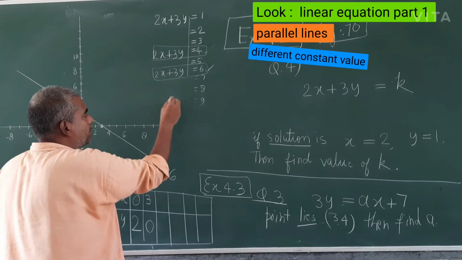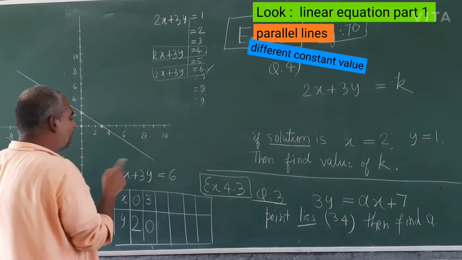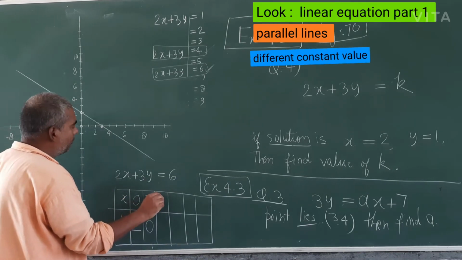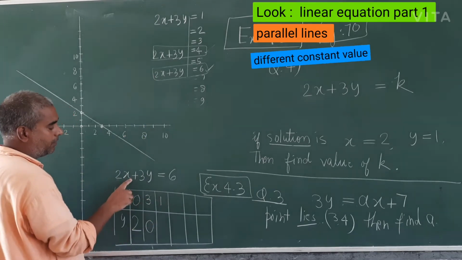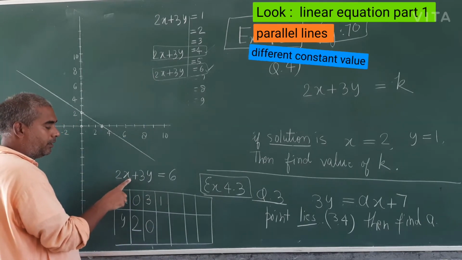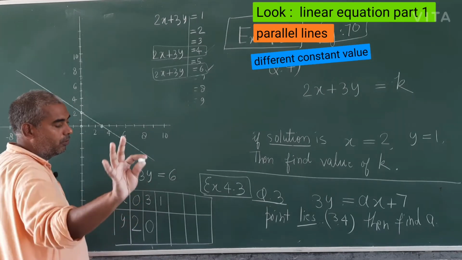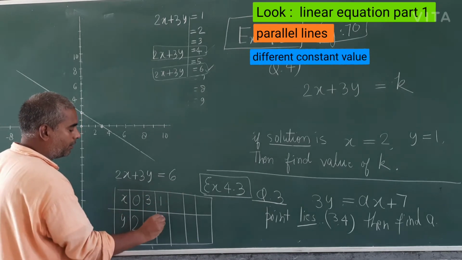Suppose you take 2x plus 3y equal to 6. So this is the line. Suppose you write x is equal to 1 in this equation. So 2 into 1 is 2, 6 minus 2 is 4, and y is equal to 4 upon 3.